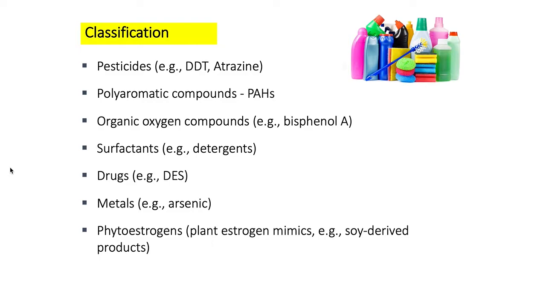Here are some examples of endocrine disruptors. Some of these you have heard of before, but maybe not in the context of endocrine disruption. Bisphenol A is a chemical that is found, or was once found, maybe still is found, in plastic. Pesticides like DDT, you've probably heard of DDT before.